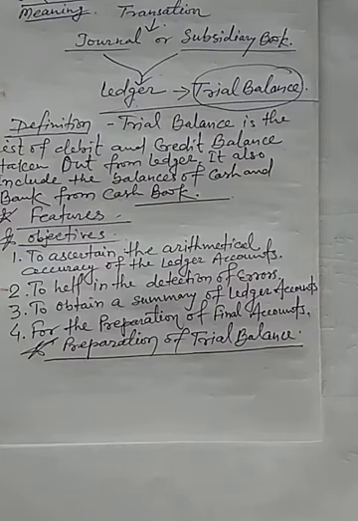In order to prepare a trial balance, all the accounts showing debit balance in the ledger are put on the debit side of the trial balance, and the accounts showing credit balance are put on its credit side.